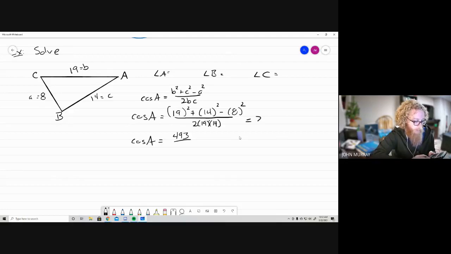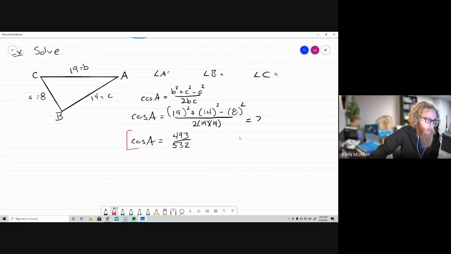Down here, I get 2 times 19 times 14, and I get 532, which makes sense. Remember, my next step would be taking the inverse cosine. And I can't take the inverse cosine of a number larger than 1, but this is a fraction. And you know what? You can leave it just like this.